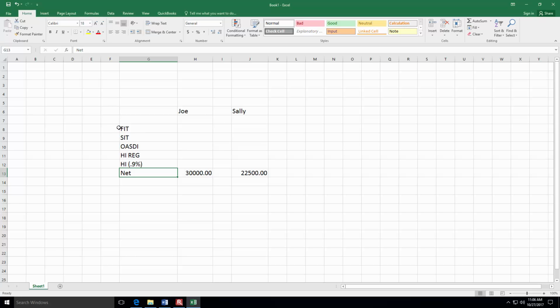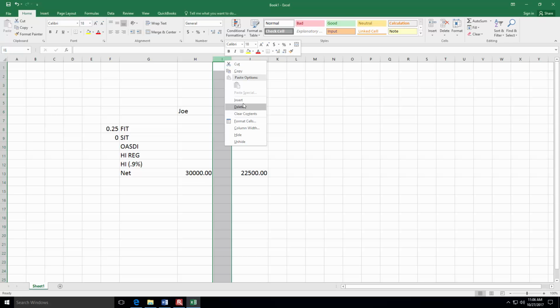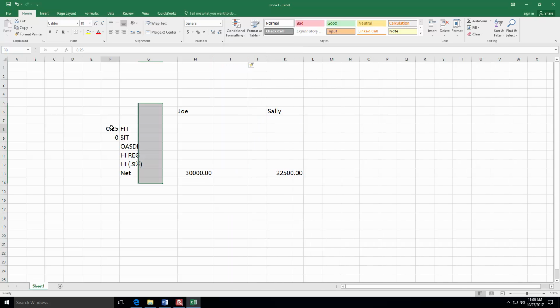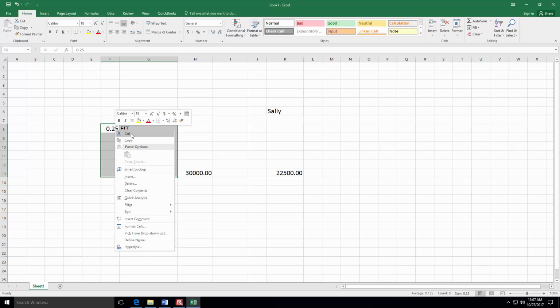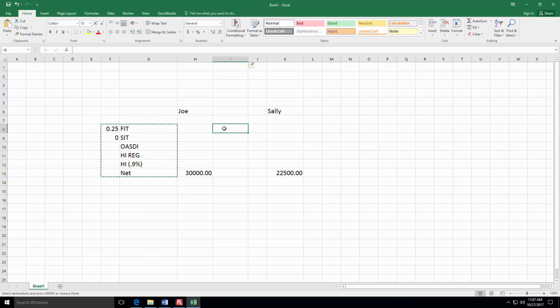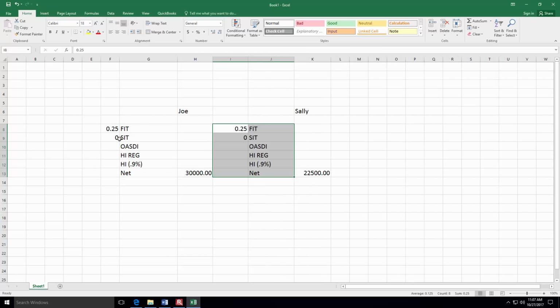So then let's put the percentages. What's my percentage for FIT? 0.25. And what's my percentage for SIT? If they were in Montana, we'd put in 0.03, but they're not. OASDI, now I think we are actually going to have to have 2 columns, right? Because one of them has OASDI and one of them doesn't, right?